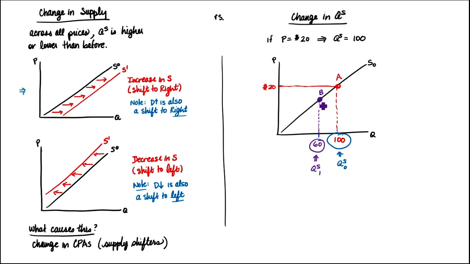Hopefully you see it's because we're being offered a lower price. Instead of $20, maybe now we're being offered $15. Do you notice here, look on the left, the entire curve shifts. When we're talking about a change in supply, the entire curve shifts. But when we're talking about a change in quantity supplied, we're talking about simply movement along a given supply curve.